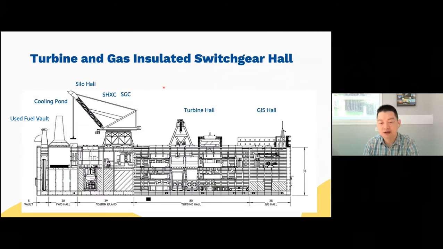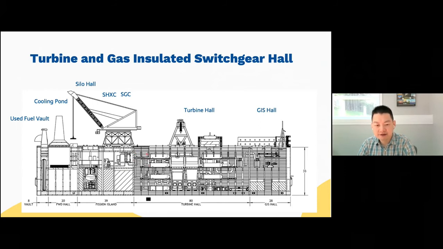So what are the BOP parts? From this picture, you can see this is the fission island, which is equivalent to the reactor building of a traditional power plant. It contains the can, which is the reactor itself.